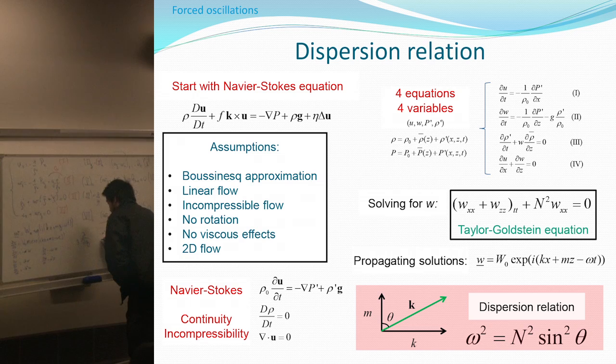So you keep this sum, m squared plus k squared, times the bracket times minus omega squared.